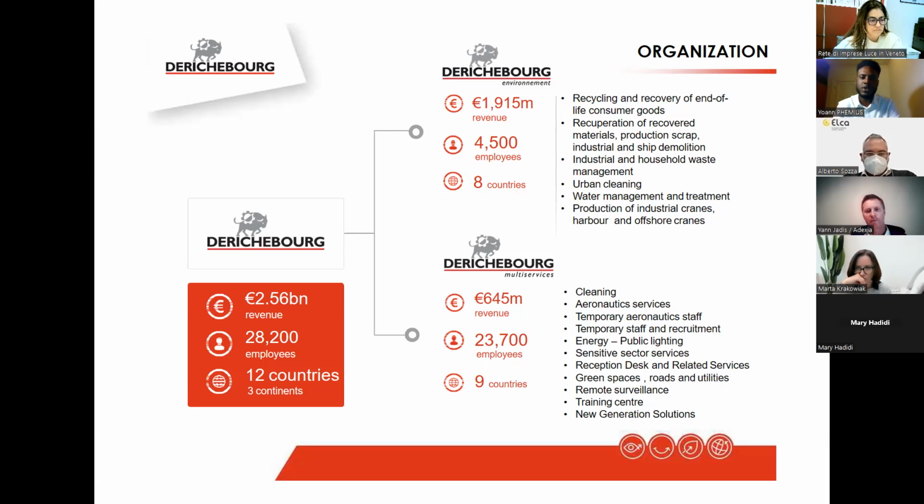The other one, Richebourg Multi-Service, is more focused on other activities to do with energy and green spaces, for instance. We even have an aeronautics subsidiary. So the activities can be way different, and that's why it's important to make the difference between both companies.